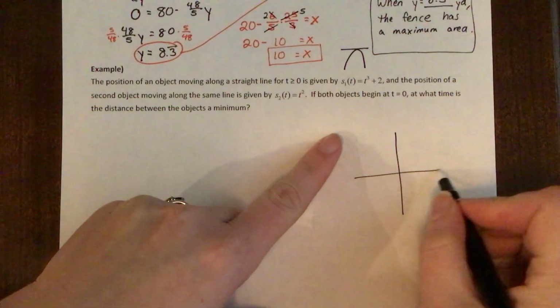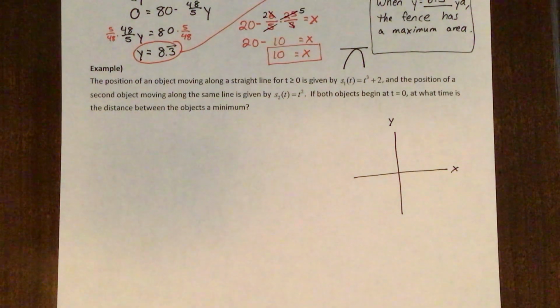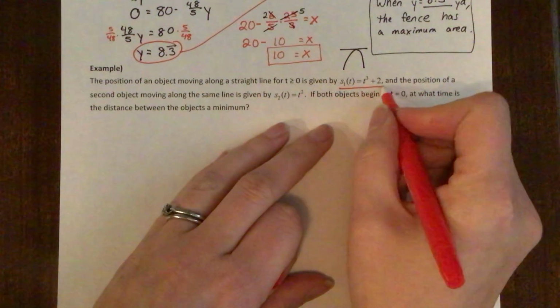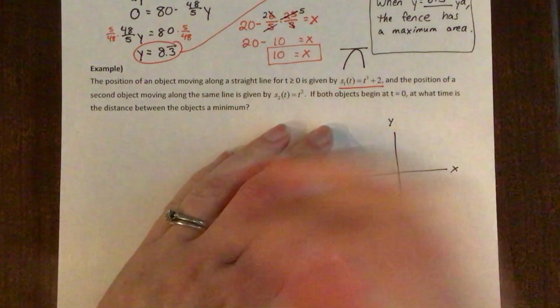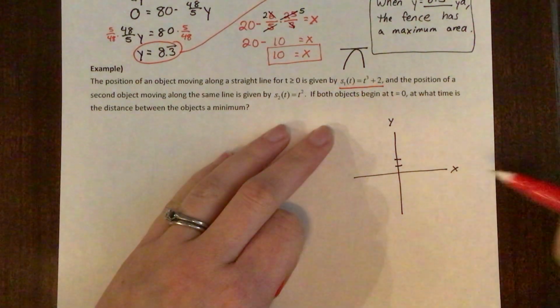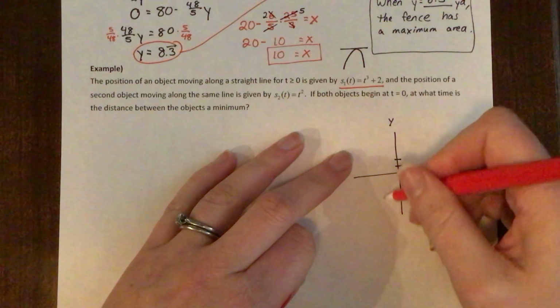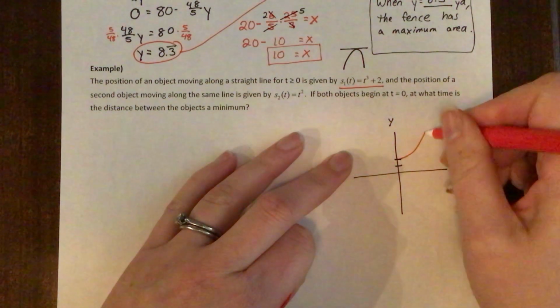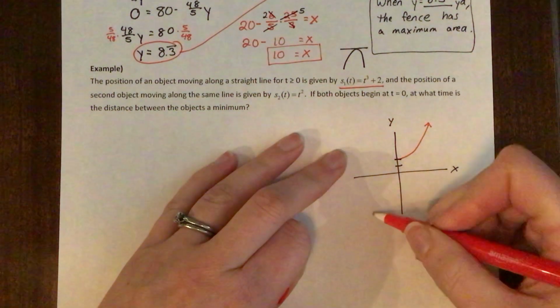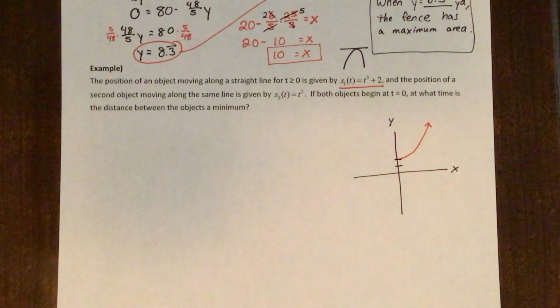Let's draw a little x and y axis, and let's do red for this first one. y equals t cubed plus 2. Oh, and it says t is greater than or equal to 0. So it's going to look like that, because it should be like a cubic function, but we're not looking at the left-hand side.